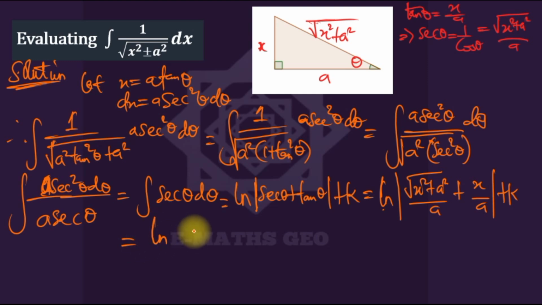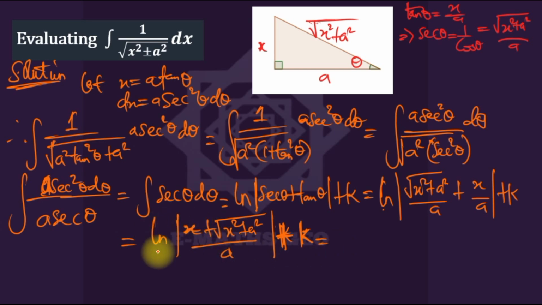They have the same denominator, so I can write this as x plus square root of x squared plus a squared, over a, plus k. And from our laws of logarithm, we can split this as ln of x plus square root of x squared plus a squared, minus ln a, plus k.